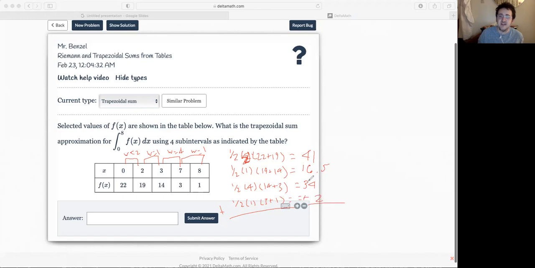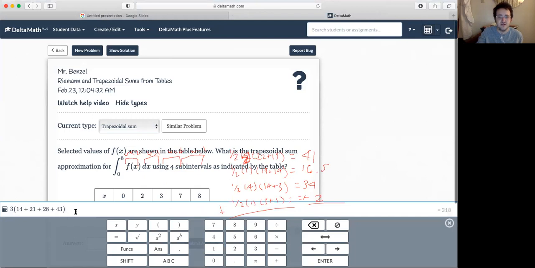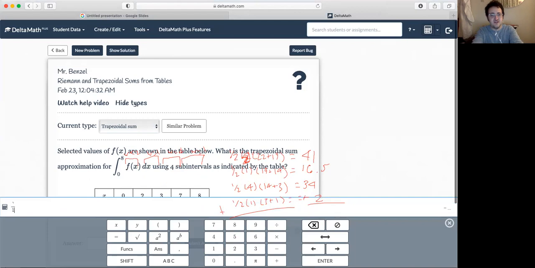And then I'm just going to add them up. I got 41, 16 and a half, 34, and 2. And I can get what that adds up to. I'll just use Mr. Calculator to make our life a little bit easier. In fact, I could even show you how to enter it in your calculator. So we're just going to do 1/2 times 2 times 22 plus 19.